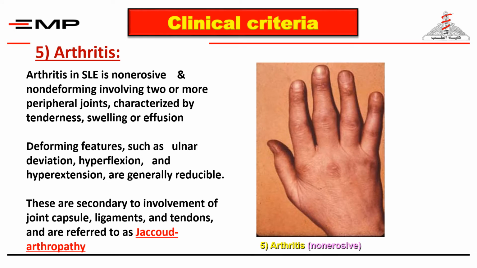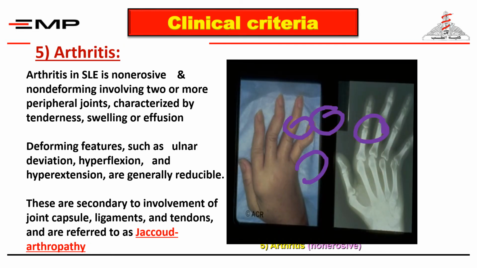These are arthritis, causing swelling of the proximal interphalangeal joints and metacarpophalangeal joints, like the distribution of rheumatoid arthritis, and this is an apparent deformity like that in rheumatoid arthritis.